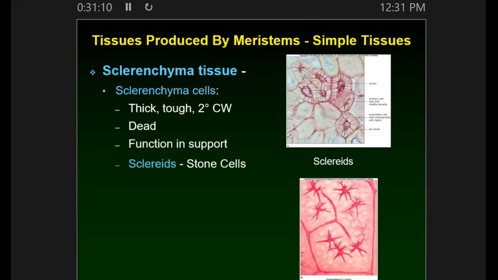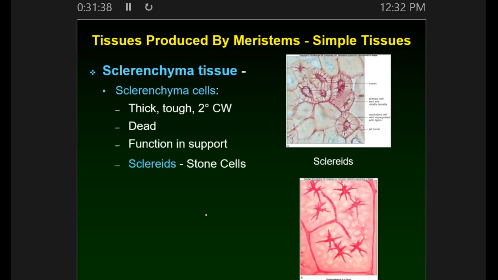And again, because they're so structurally strong, they help with support. That's their main job. They're dead, so they don't do anything metabolic. It's just structural support. You're seeing two images here of what we call sclereids. That's a subcategory. So you have your sclerenchyma cells, and then one example of that are sclereids. And you can see they kind of look funky under the microscope.